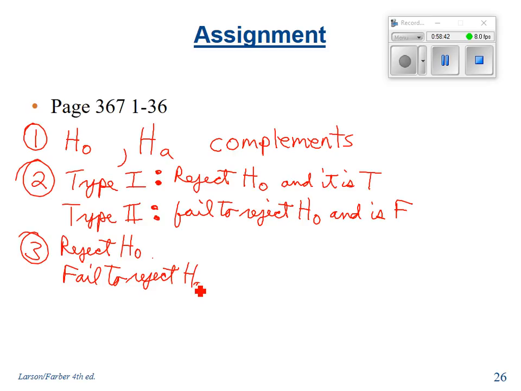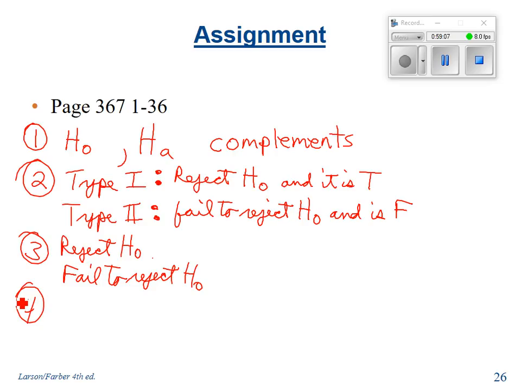Just because we reject the null, does that mean it's wrong? No. Just because we fail to reject it, does that mean it's right? No. That's why we're sort of acting like a politician, because we're saying, we're going to reject this. We're not saying whether it's wrong or right, we're just rejecting it. Trying to stay on the fence.